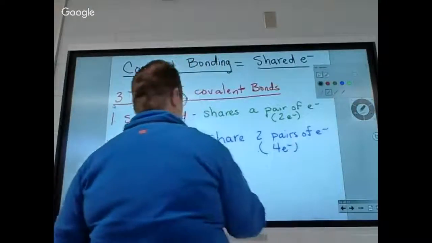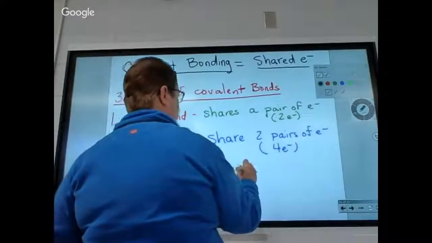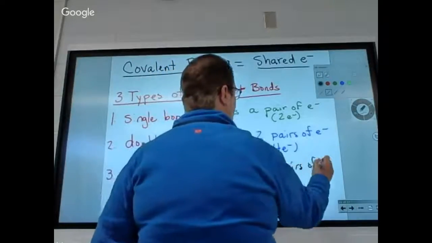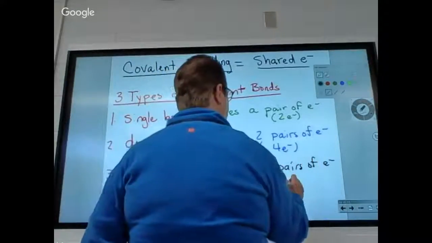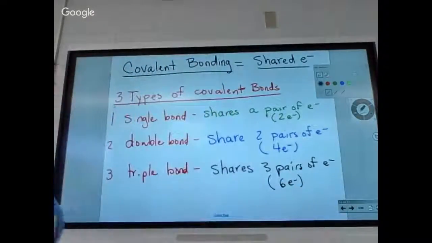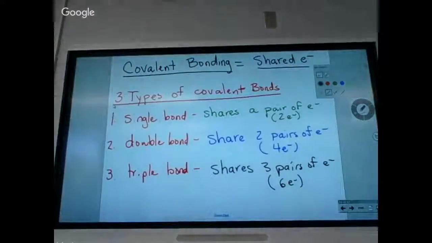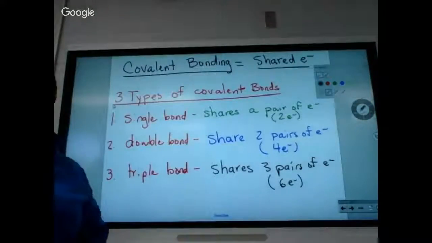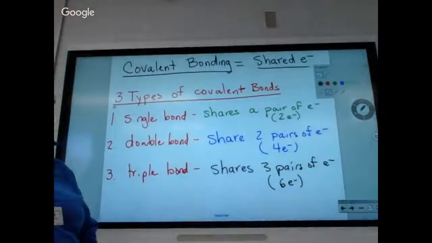And then the last one shares 3 pairs of electrons, which will be 6 electrons. Okay? Everybody caught up?